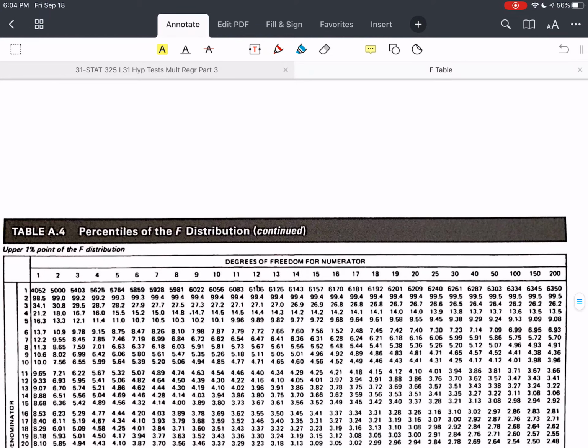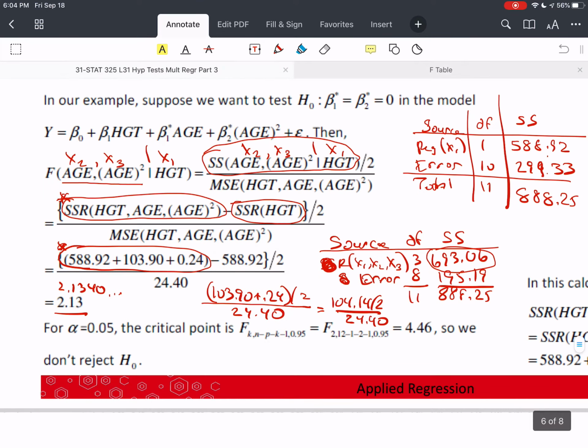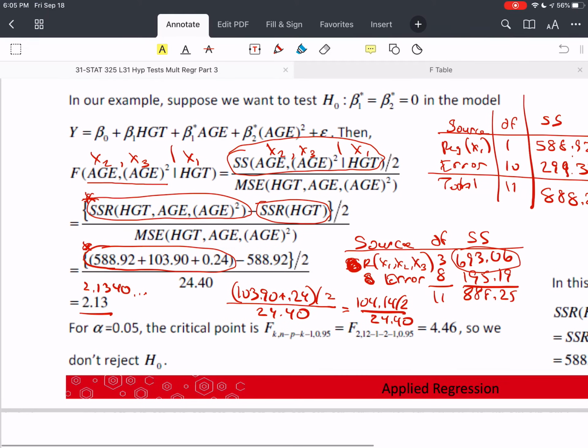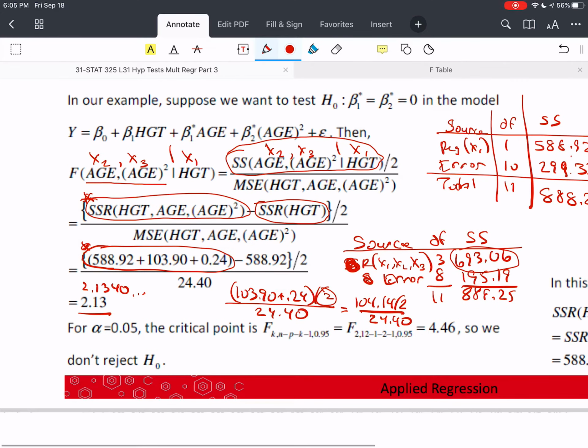Okay, and so let's come back over to here, and so K was 2 in this case, because we were adding two variables. So I've got 2, and then n, remember this is n minus 1 degrees of freedom in the total, so n was 12. So I've got 2 and then 12, n minus p minus k.